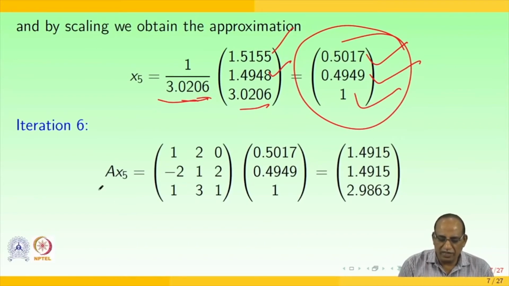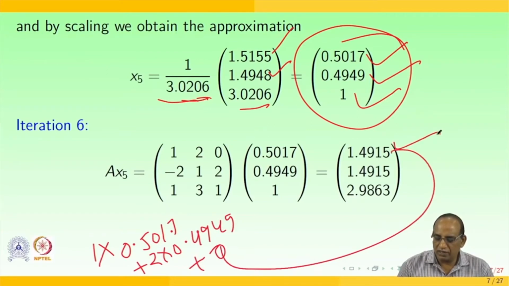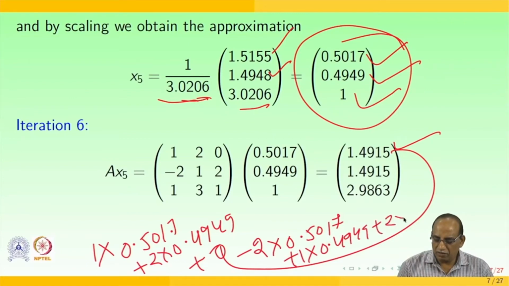And if you do AX5, where A is the matrix, the first entry is 1 into 0.5017 plus 2 into 0.4949 plus 0. Second entry is minus 2 into 0.5017 plus 1 into 0.4949 plus 2 into 1.